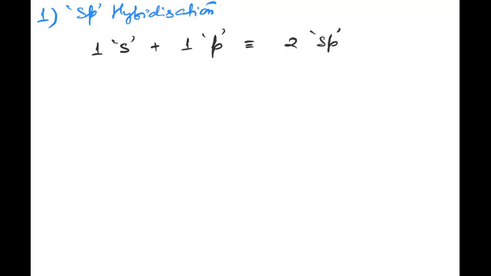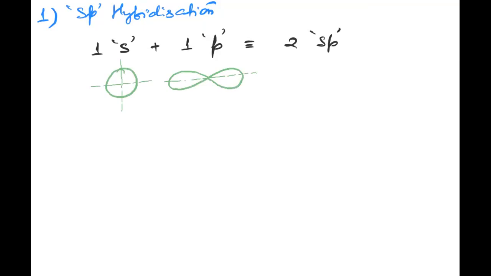Here, if you see the representation of these hybrid orbitals, the 1s is assumed to be a spherical orbital. The 1p may be represented by this dumbbell shape.